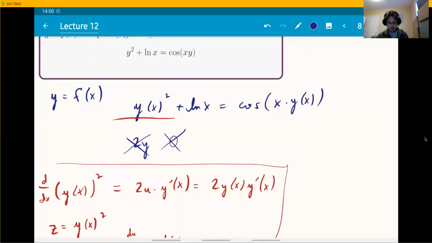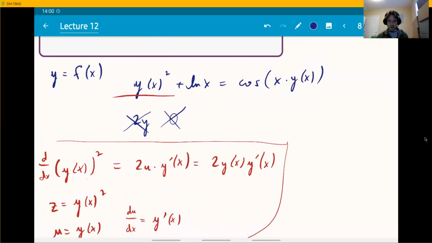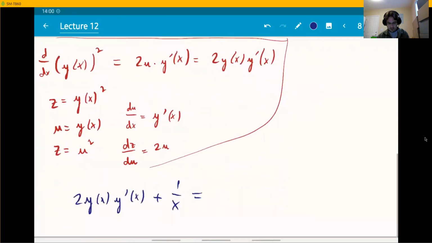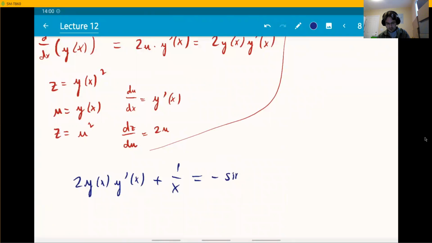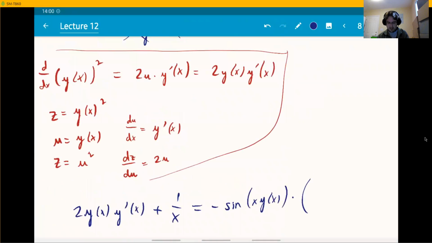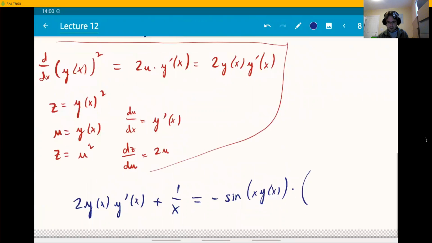So this time I'm not going to be as careful as I did down here. I'm just going to write this directly, but many of you will already have enough practice. The derivative of cosine of an inner function is minus sine of that inner function times the derivative of the inner function, which was x y of x.